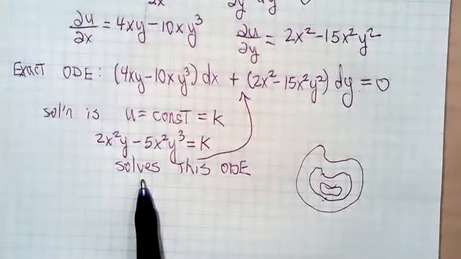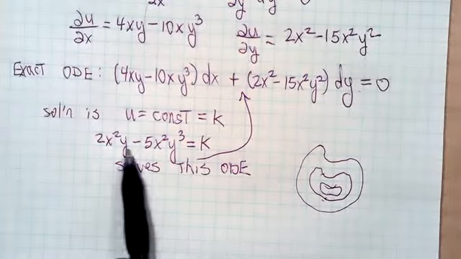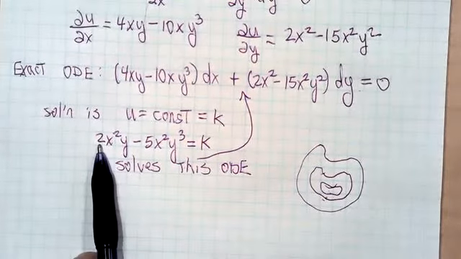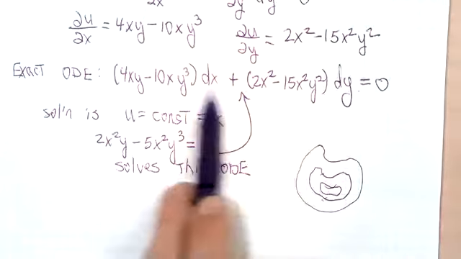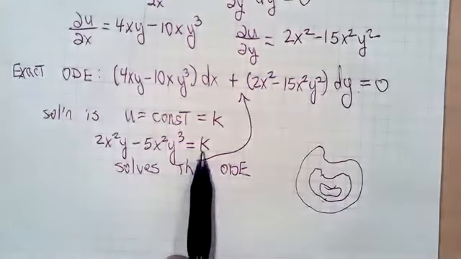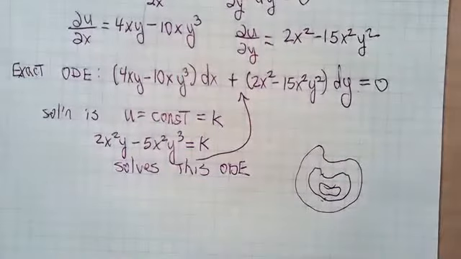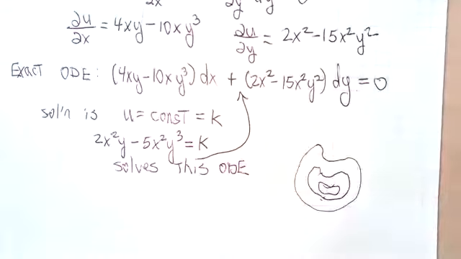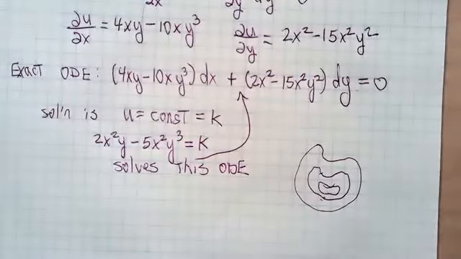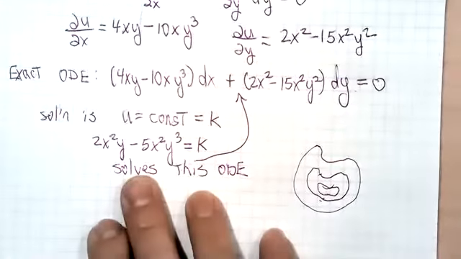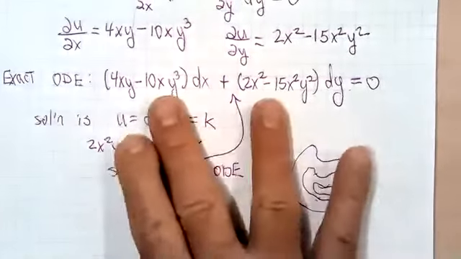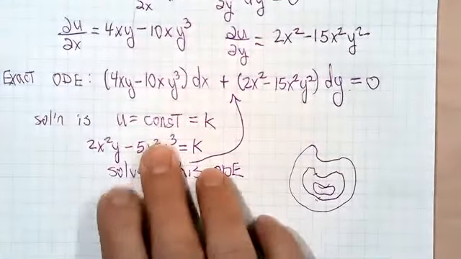Why? Because if I took the total differential of this thing right here, on the left-hand side, I would get exactly this. When I take the differential of a constant, I get 0, and this would solve. So if you had something in this form, and furthermore, you knew it was exact, then you might be able to get the solution by somehow working backwards from the differential to the u.